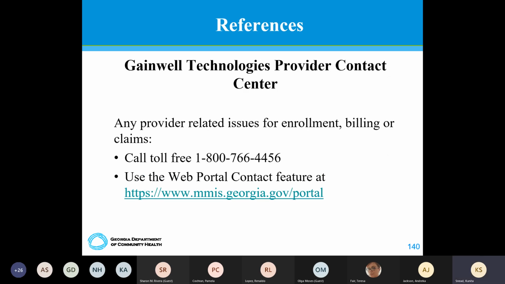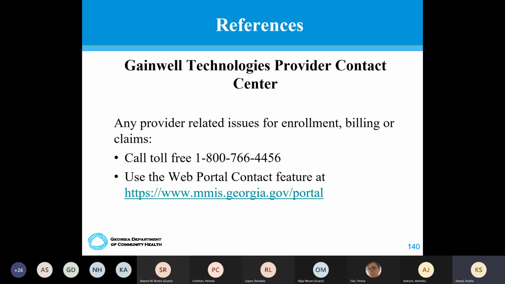Everything that you've received today has been policy-wise. We're the department that handles the policy for the Medicaid program. So if you're having issues with billing or claims or anything of that nature, that is handled by another department. What you would do is reach out to the Provider Contact Center at Gainwell Technologies.